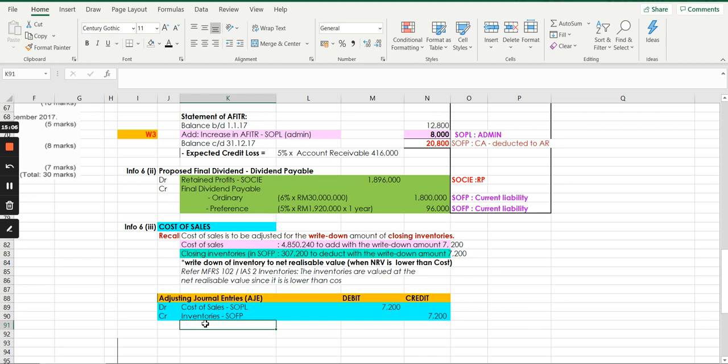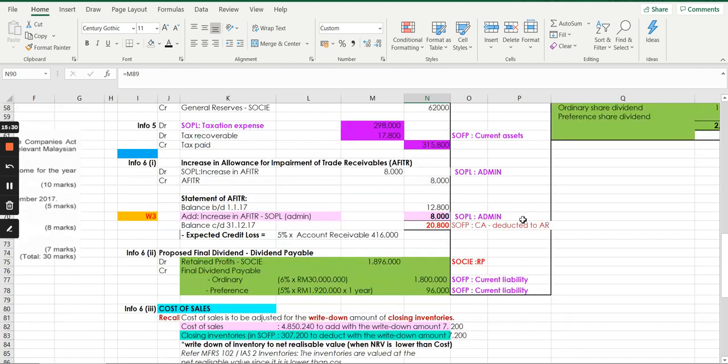And that 7,200 is 307,200 minus 300,000, that was the cost minus the net realizable value. So you have 7,200. Go and adjust to your SOPR, add to your cost of sale, go and deduct to your statement of financial position under your inventory.